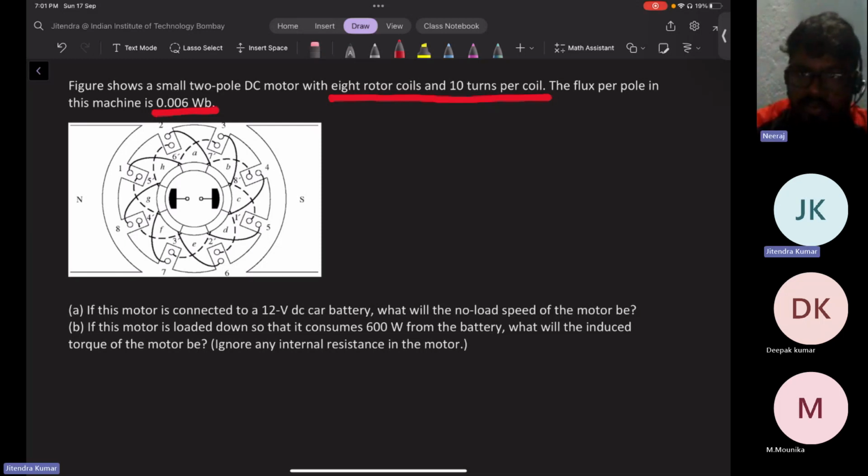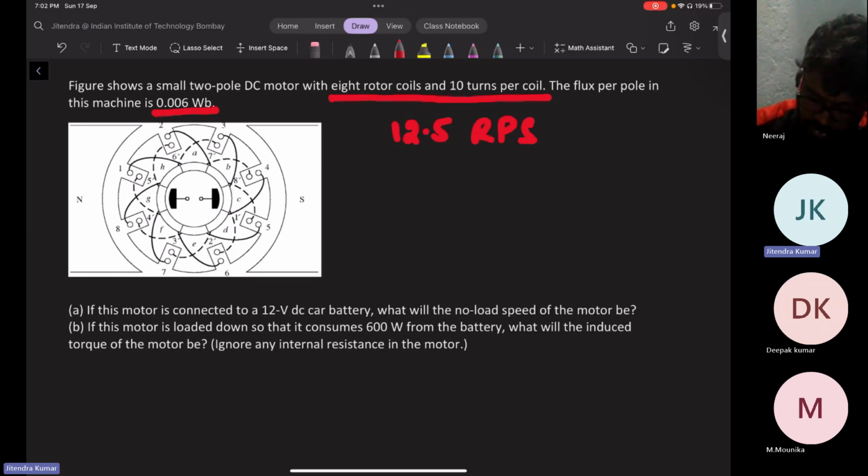Sir, is it 12.5 rounds per second? 12.5 RPS, you are saying? Yes, sir.